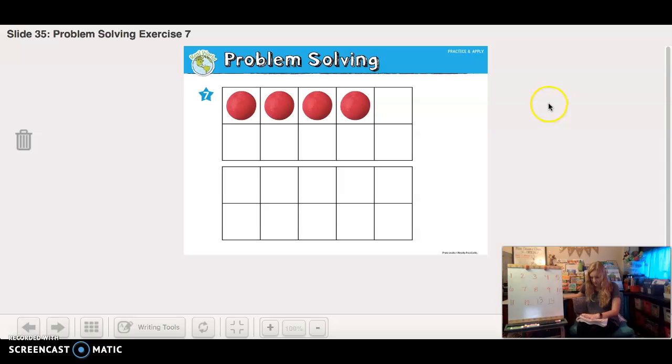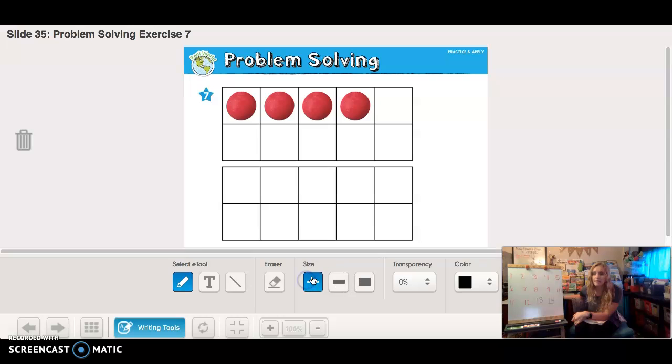All right, guys. On the top, we've got some counters in a 10 frame. It says count them, say how many, and then draw more to make it 13. So remember, we count how many we've got, and then we keep going to make it the number we want, which is 13. And how do we write 13? A 1 and a 3. First, let's count.